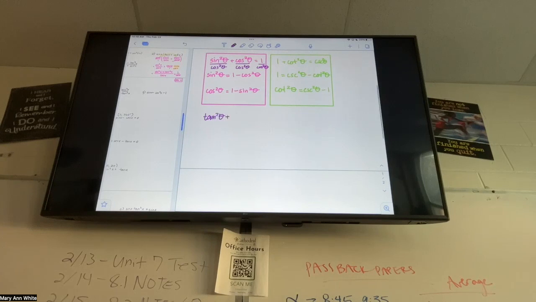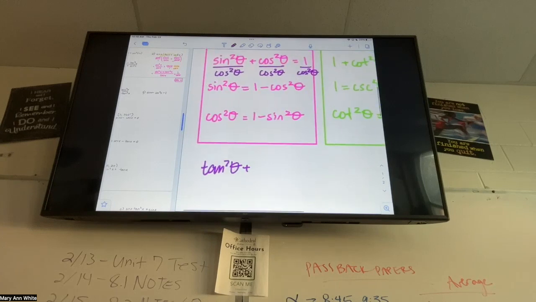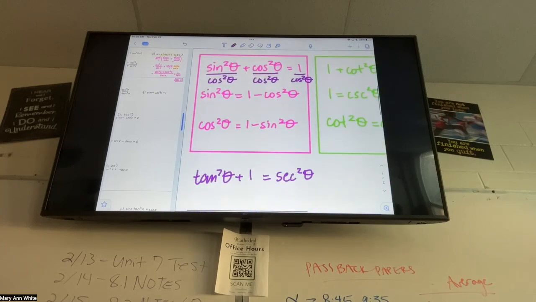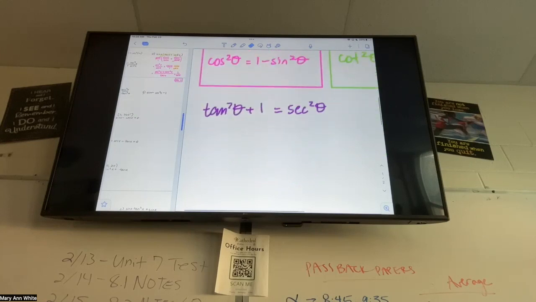What's cosine squared divided by cosine squared? Just 1. And what's 1 over cosine squared? Secant squared. So again, I'm deriving this by dividing by sine squared from everything, dividing by cosine squared from everything.